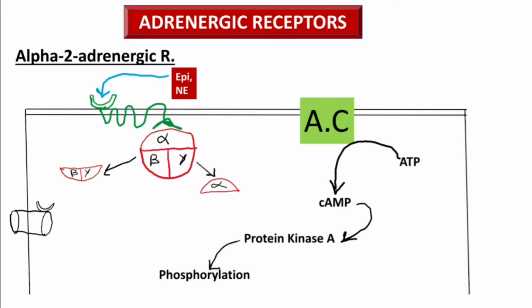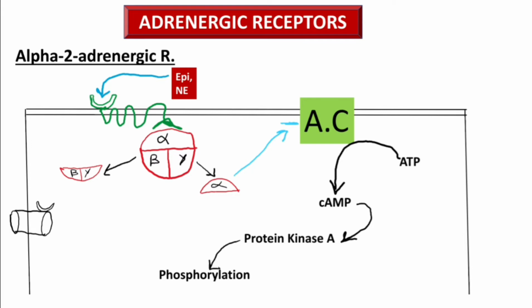That is what happens in general, without any epinephrine or norepinephrine. But if epinephrine or norepinephrine stimulate this G inhibitory pathway, then the alpha subunit will inhibit adenylyl cyclase. What will happen if you inhibit this enzyme which converts ATP to cyclic AMP?